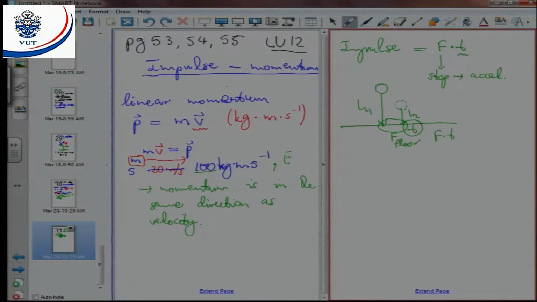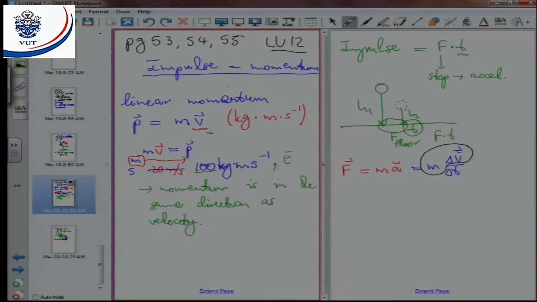Okay, so from Newton's second law, we have learned that F is equal to ma. What do we know? We know that acceleration is the rate of change in velocity. So now if I group the mass with the velocity, that's our definition of momentum, right?